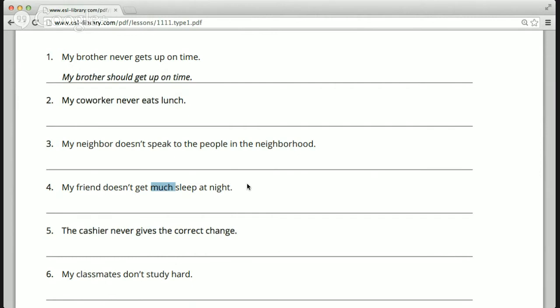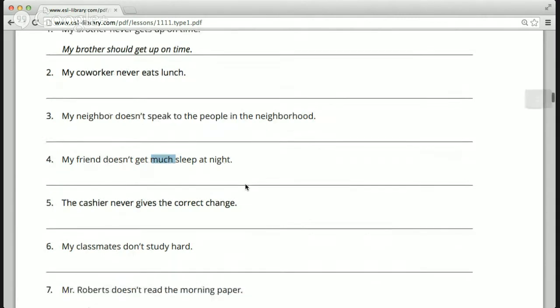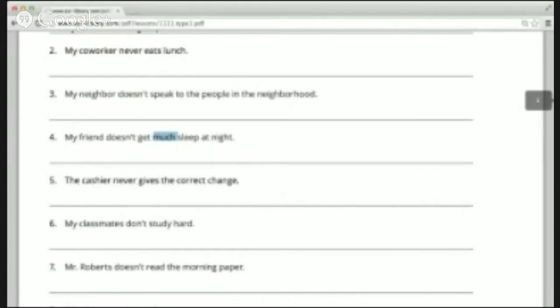Okay, so we're going to offer that advice. Your friend should get more sleep at night. If they don't get much sleep, they should get more. One more time. My friend should get more sleep at night. Very good.